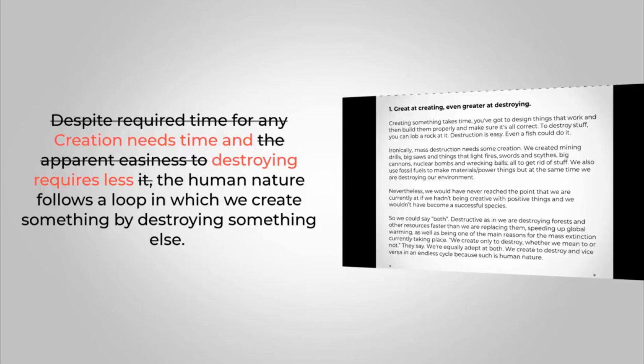Such is human nature. We are equally adept at both. We create, destroy, and vice versa in an endless cycle because such is human nature. That is the original text. We create only to destroy. Human nature follows a loop in which we create something by destroying. By destroying?